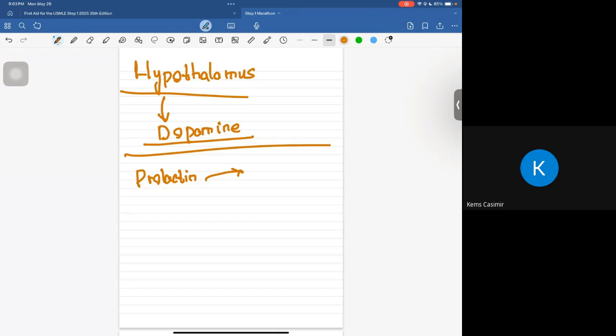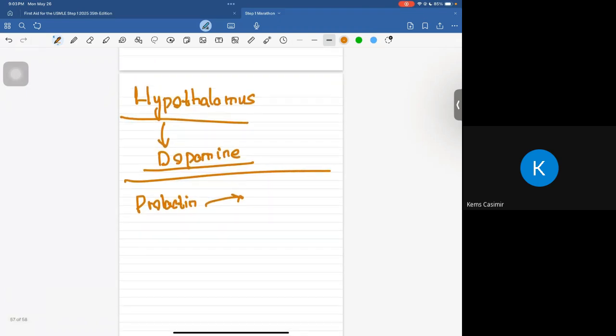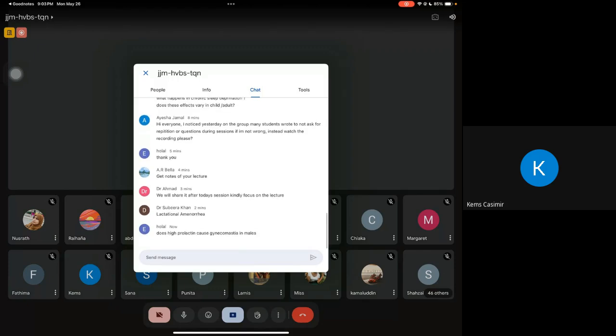Now there are some other important effects of prolactin as well. We are going to go into these effects as well. But first, prolactin is not going to cause gynecomastia in males. The interesting fact is that prolactin is going to decrease gynecomastia in males.